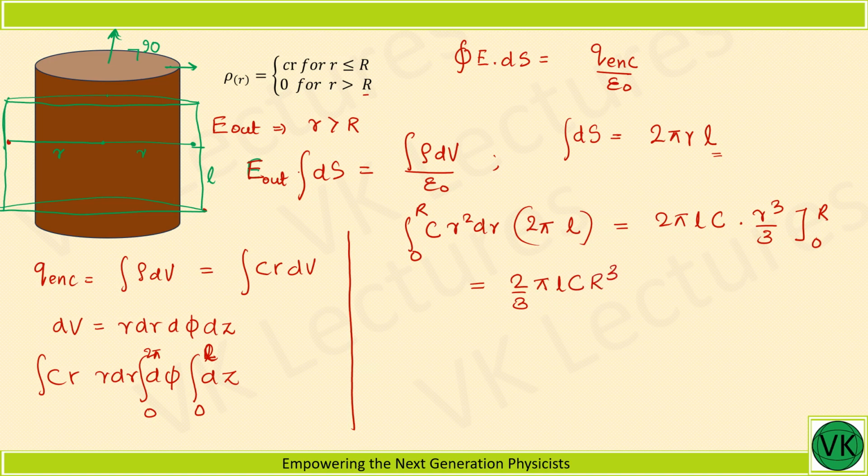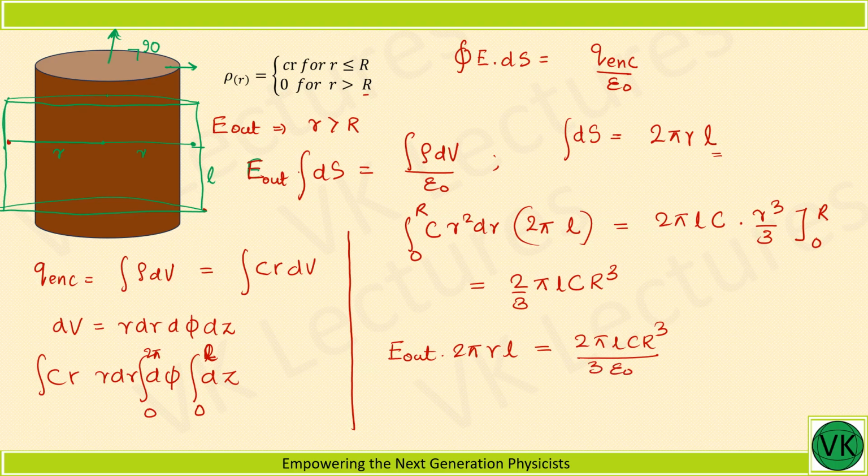So this is the enclosed charge. Now E out into 2 pi R L is equal to Q enclosed, which is 2 pi L C capital R cubed by 3 epsilon naught.